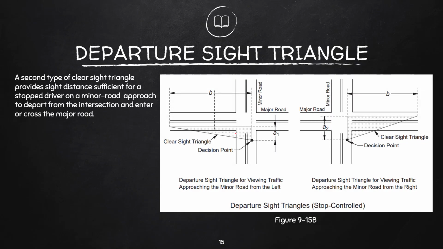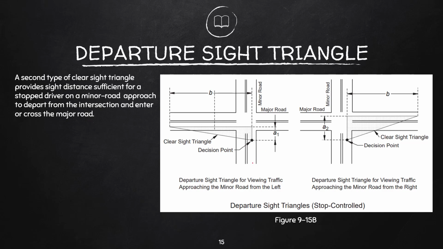We have the second type of the sight triangle or clear sight triangle. This is what we call our departure sight triangle. This provides sight distance sufficient for a stopped driver on a minor road approach to depart from the intersection and enter or cross the major road.